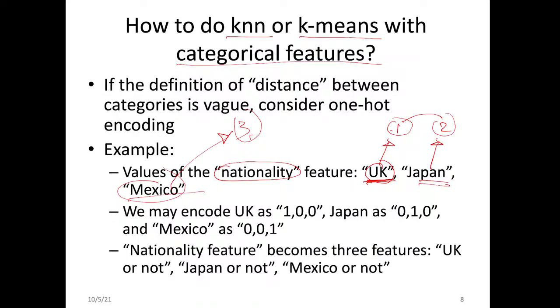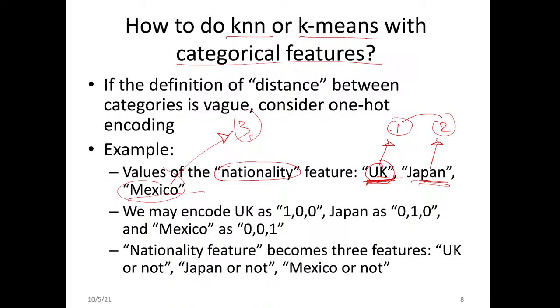That depends on your application domain, but very likely it's not a valid assumption. Unless in your application domain UK and Japan are indeed closer and UK and Mexico are indeed further away, otherwise, when you encode this way, you are assuming that the distances between them are different, and that's decided by the way you encode the data. So that probably doesn't make sense.